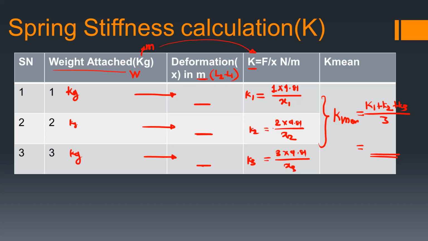And then find out the K mean, which is K1 plus K2 plus K3 upon 3.